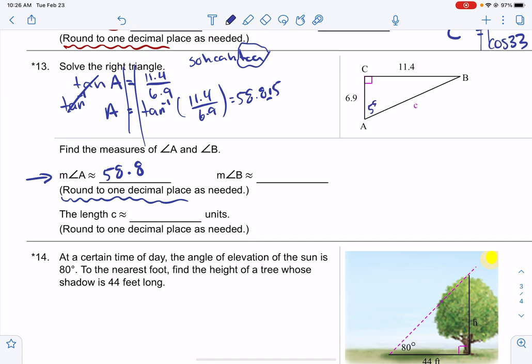So if this is 58.8 and if this is 90, it's really easy to figure out what B is. All I have to do is take 180 minus 90 minus 58.8, and I'm going to end up with 31.2. Right? Yeah, right. 31.2. So angle B is 31.2.